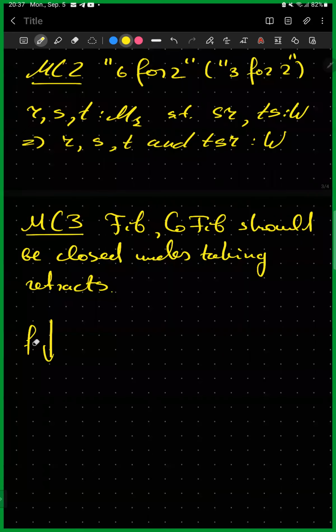Let me state what I'm drawing here. A map f is a retract of the map g in M if we have the following commutative diagram.